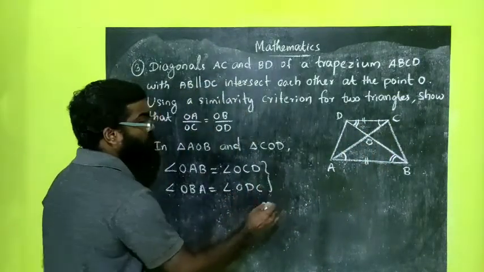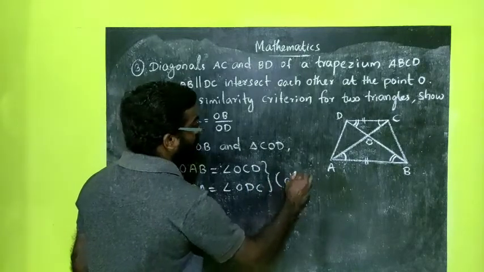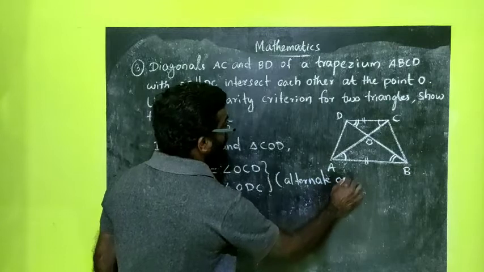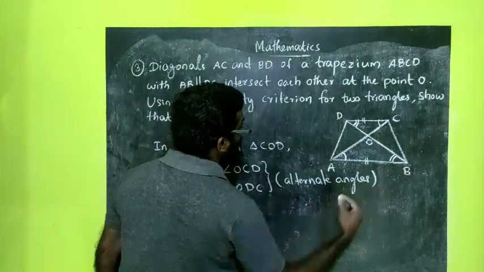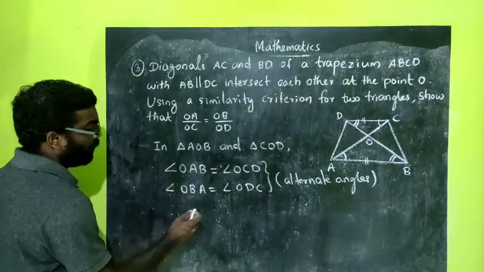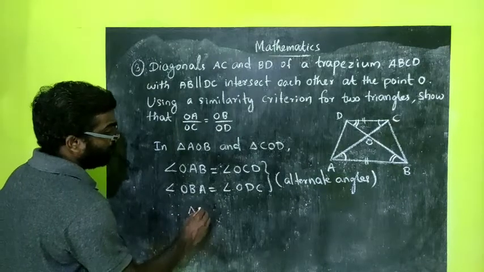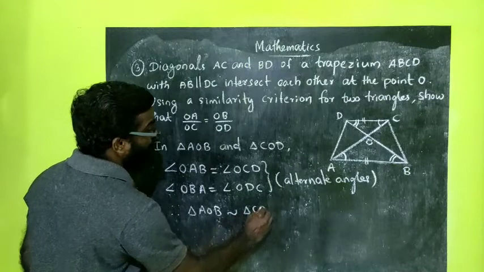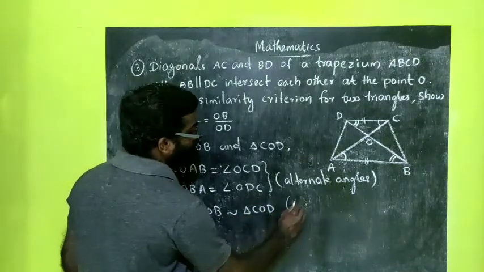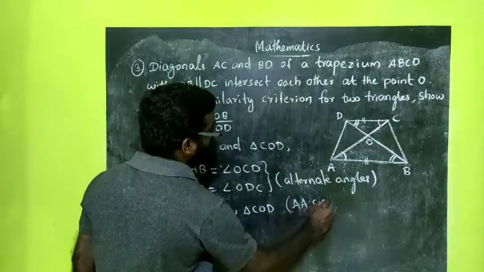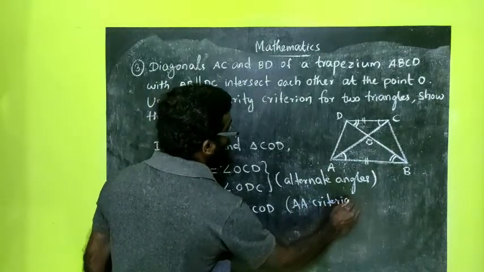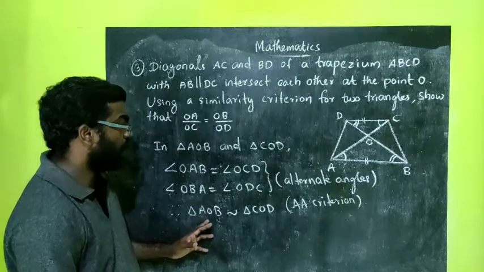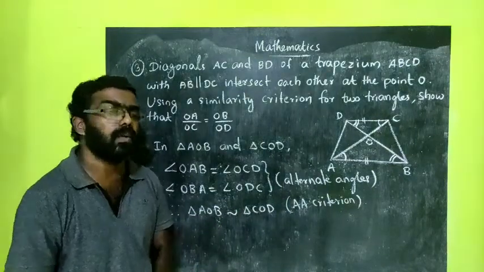So we can write angle OAB equal to angle OCD, and angle OBA equal to angle ODC. The reason: alternate angles. Therefore we can write triangle AOB is similar to triangle COD by using AA similarity criterion.